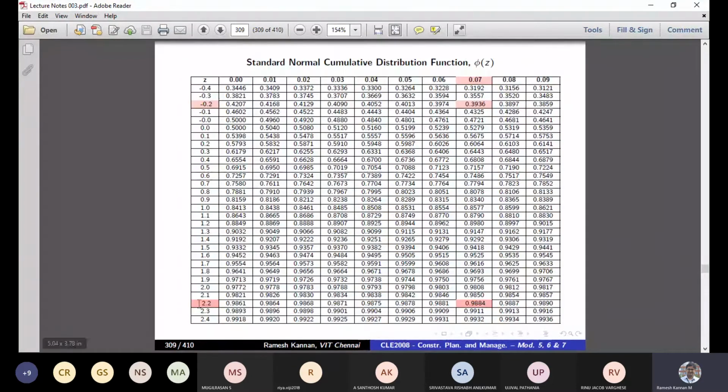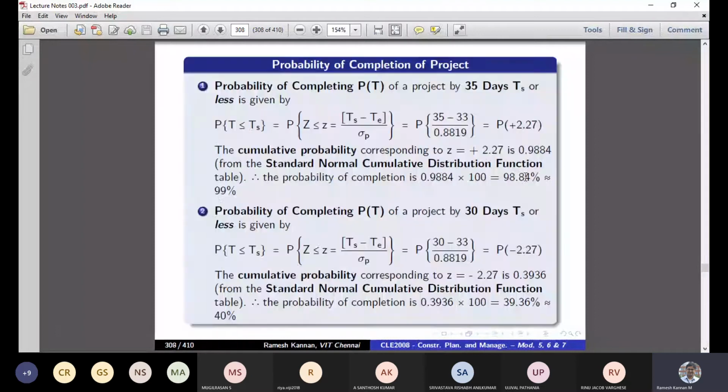Here it is 2.2, and 2.27, which is something like 0.9884, right? Multiplied by 100, this gives 98 in terms of percentage, and when you round off to the nearest value, it becomes 99%. So that's how you calculate.